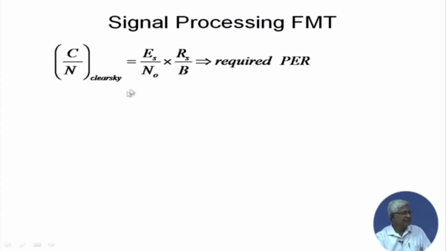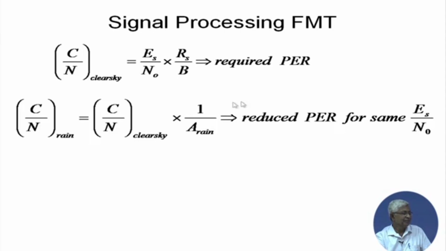Now let us go from the power control FMT to the signal processing FMT. This is the second technique, and it is done in our regular operation of satellite broadcast. Let us see what it is. C by N in the clear sky is, we have seen this expression, Es by N naught into Rs by B, for the required PER. For C by N in the rain, it is C by N in the clear sky into 1 by A rain, in ratio.